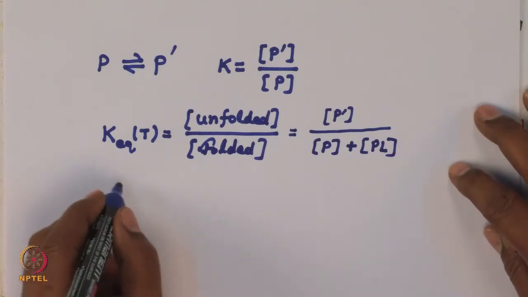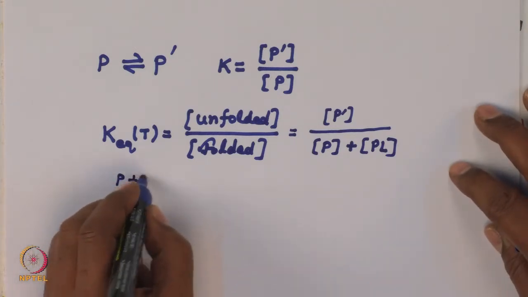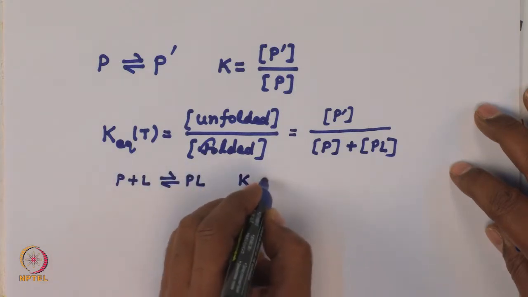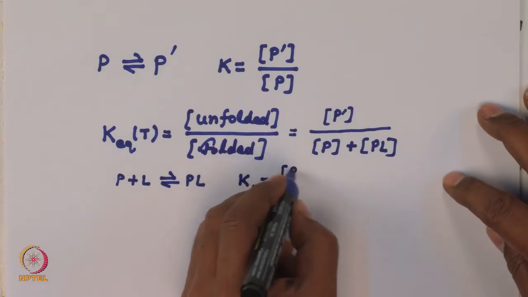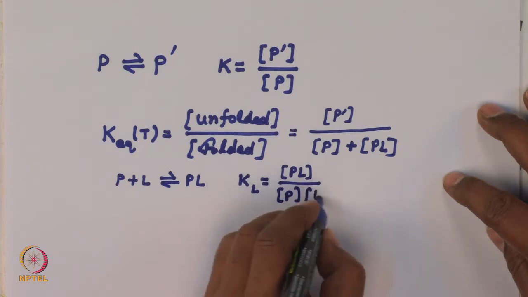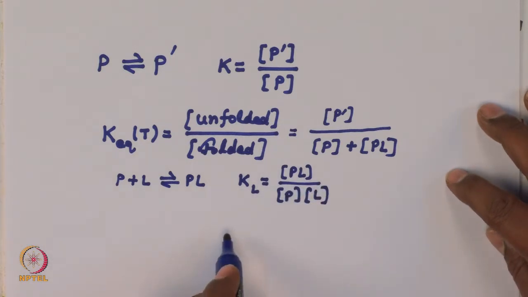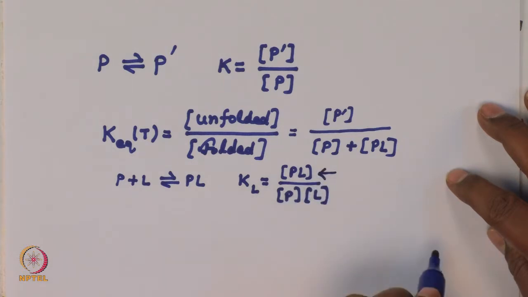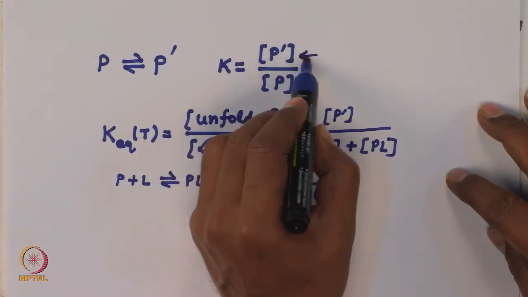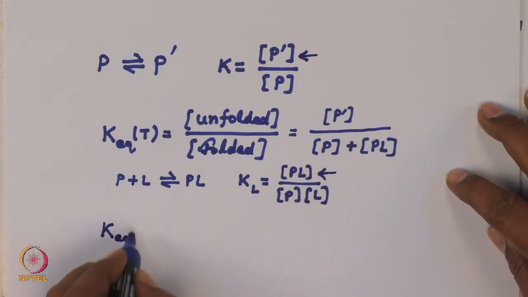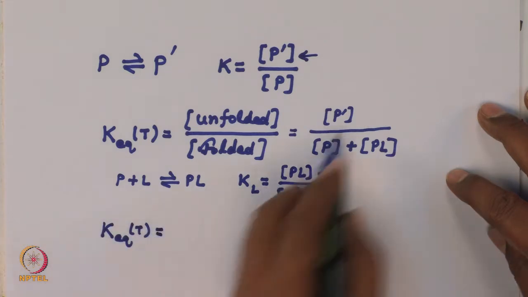Now you see, P plus L, when they are forming PL, your KL is defined as concentration of PL over concentration of P into concentration of L. So, now what I will do is, I will choose PL from here, P prime from here, and substitute in this. So, what I have is K equilibrium at T is equal to P prime.